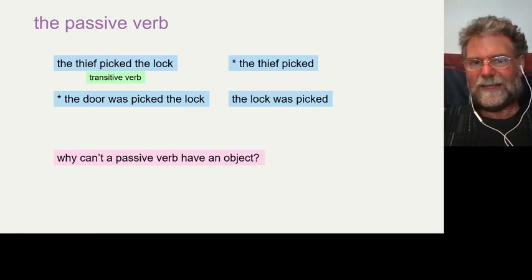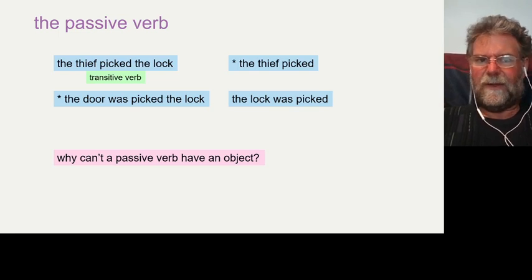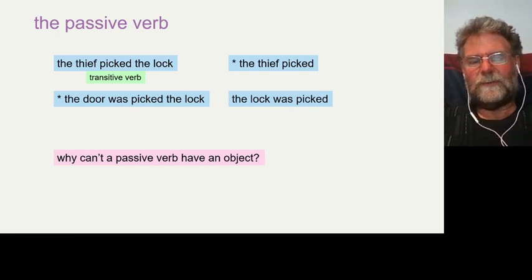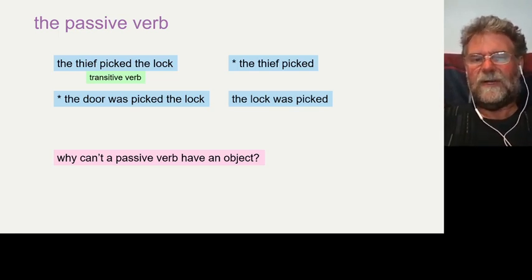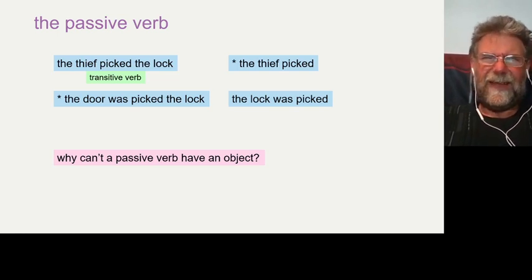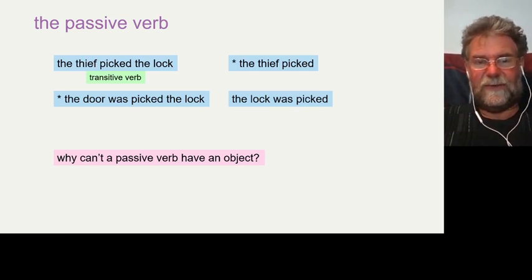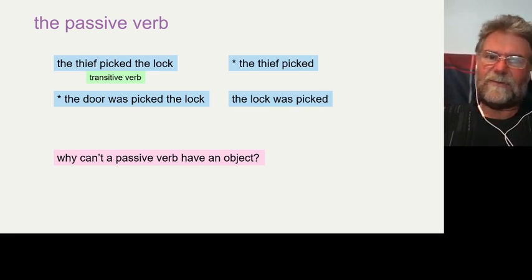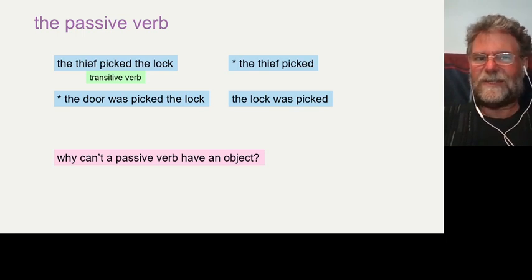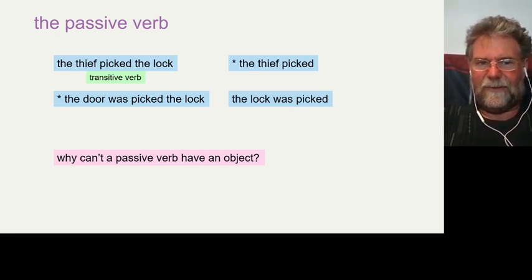Clearly, if you take the passive sentence, the lock was picked, we're talking here about the lock being the thing which was picked. So basically the lock is interpreted as the object of the verb. In fact, what's actually missing in the passive is not the object of the verb, but the subject. We don't mention the person that actually did the picking of the lock.